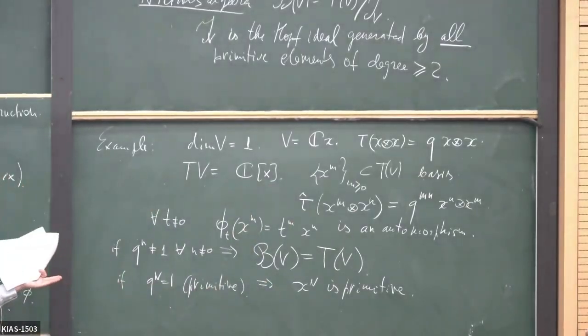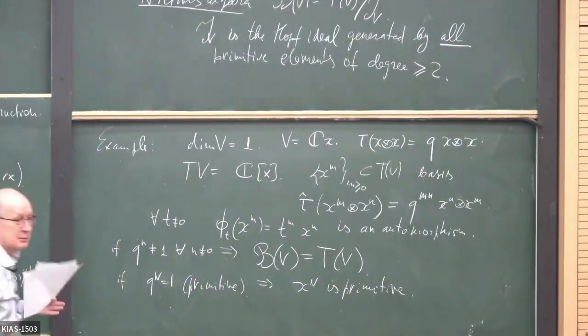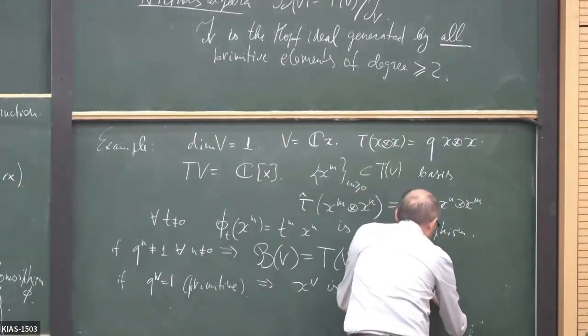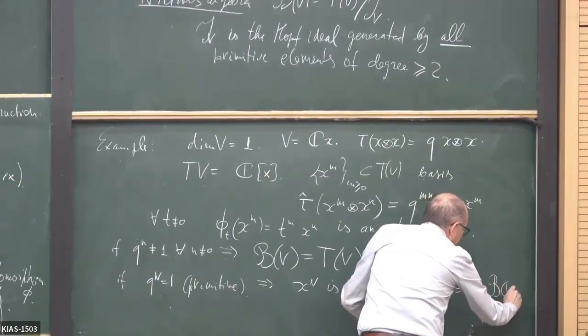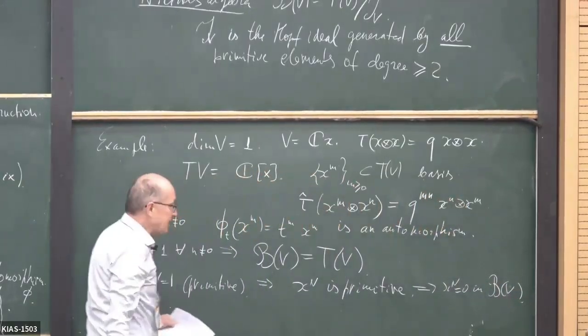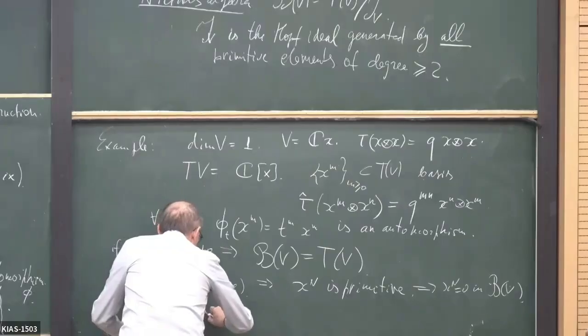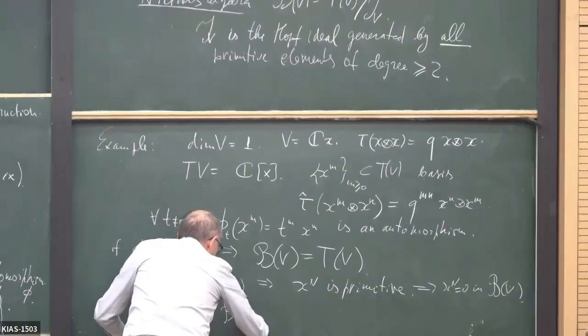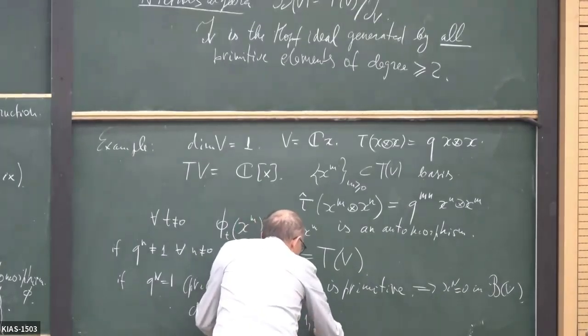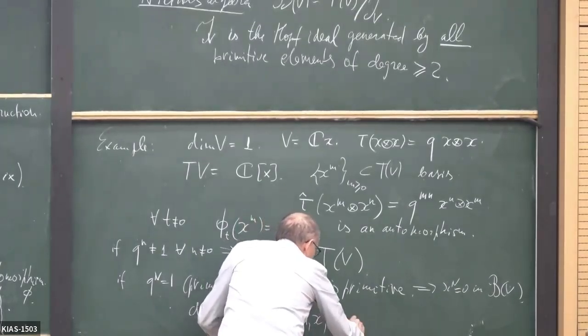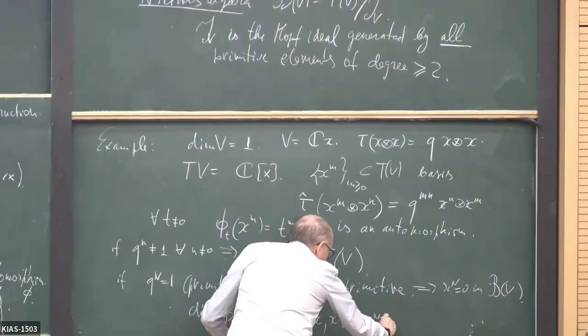So in the Nichols algebra you have to kill it. So x^n equals 0 in B(V). So you end up with the dimension of B(V) being n, given by the basis 1, x, x squared, up to x^(n-1).